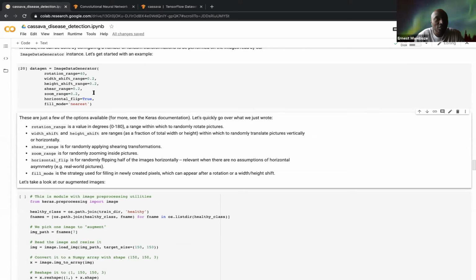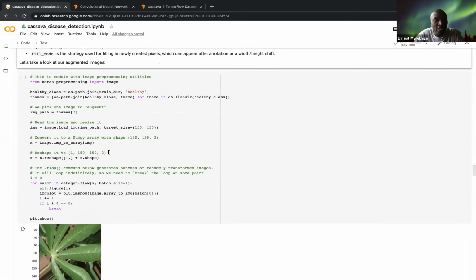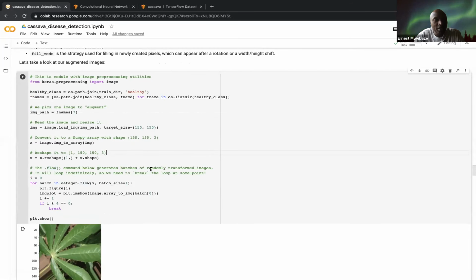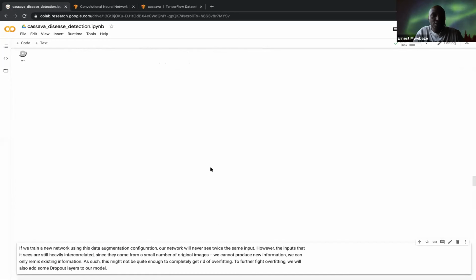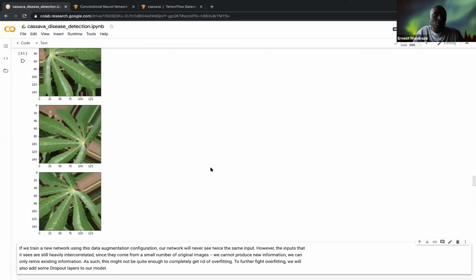And this one generates images by doing all these things based on these parameters. And so if we pick one image and pass it through this data gen and plot the 5 variations that it produces, then we can sort of see what happens.